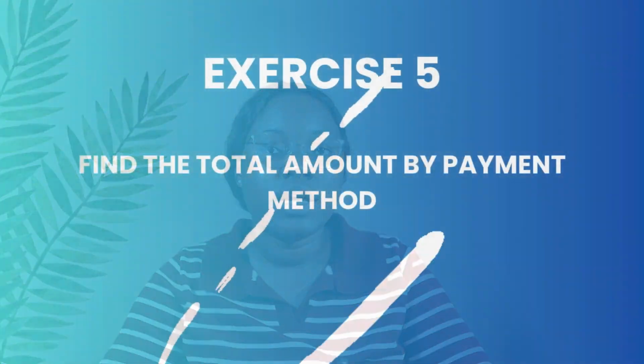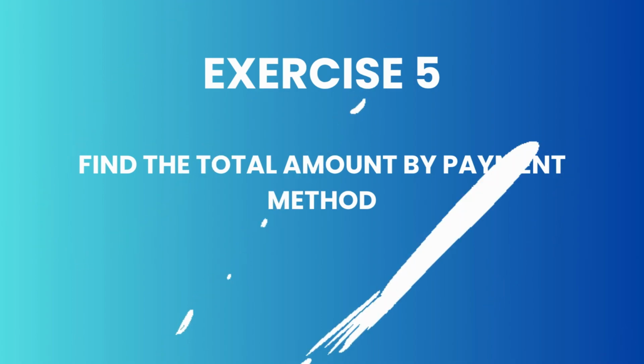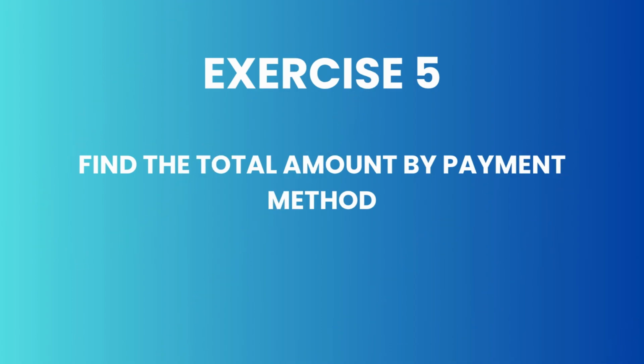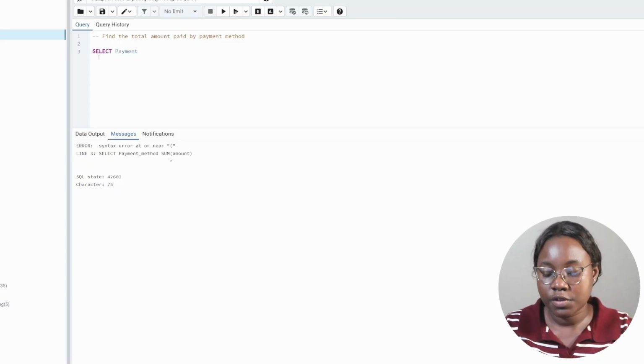Now let's do an exercise. Let us say we want to find the total amount by payment method. We want to know how much was paid using different methods like credit cards, cash, or debit card. We can do this in our query. We start by saying select payment method, which is the column of interest to us, and add your comma because we want to add our aggregate, which is sum.